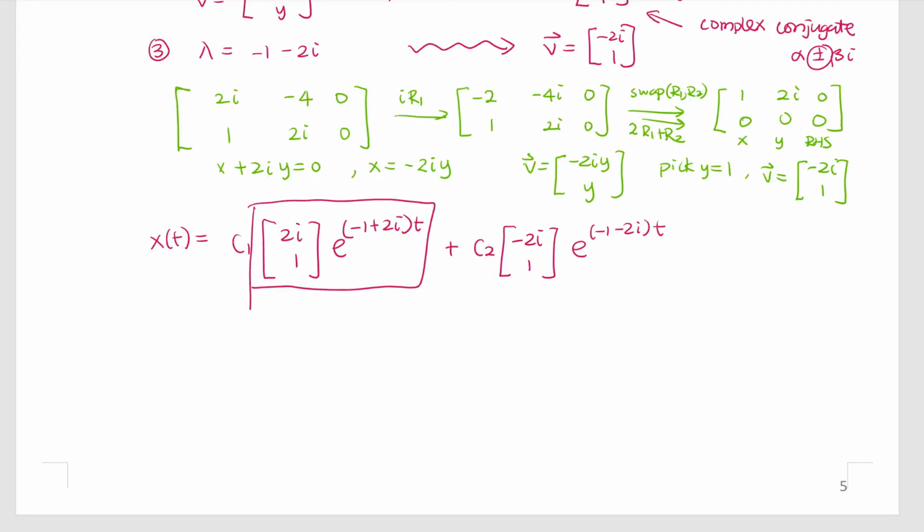Let's figure out what it is. So this one is 2i, 1, e to the minus t times e to the 2it, right? Do you remember the formula?